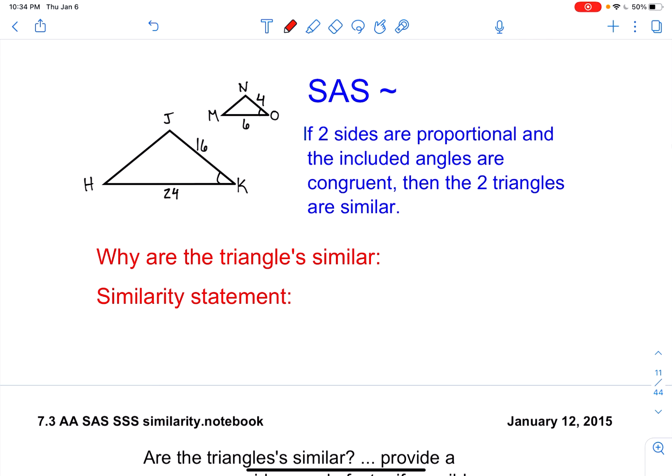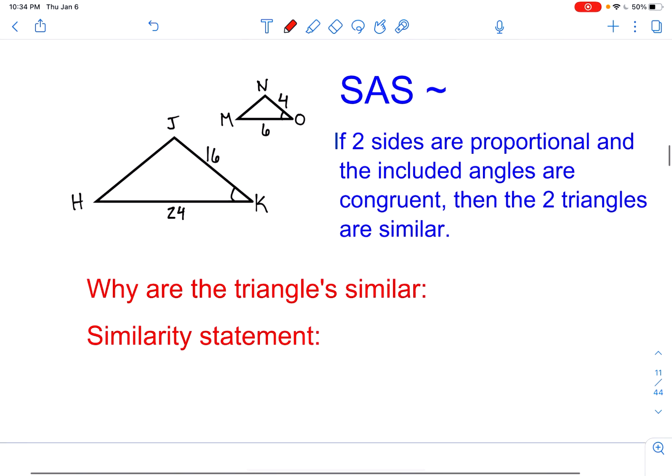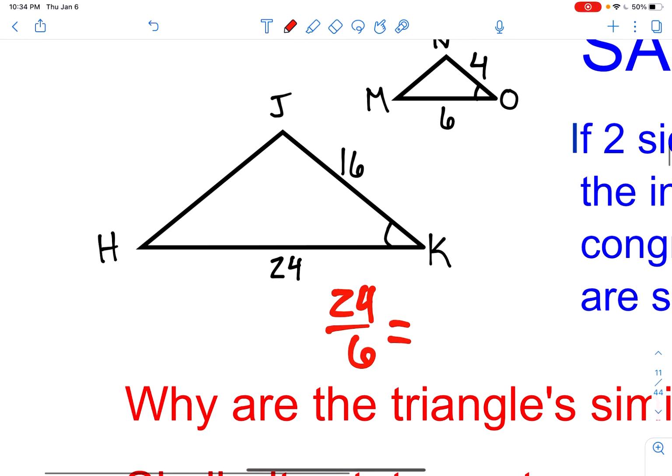Now this one, I have one angle involved. So K corresponds to O, but are the sides proportional? So let's look. 24 divided by 6, is that the same thing as 16 divided by 4? And the answer is yes.